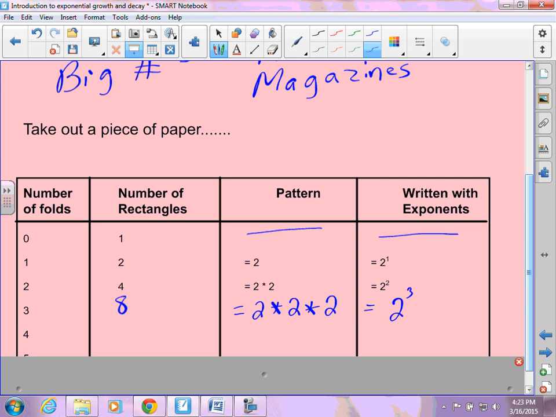I'm going to fold it in half again. How many rectangles do you think we're going to have? Open it up. Notice that we have 16. That can be written as 2 times 2 times 2 times 2, or 2 to the 4th. Notice the 2 to the 4th. It's easier to deal with.